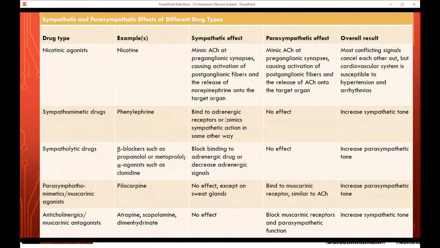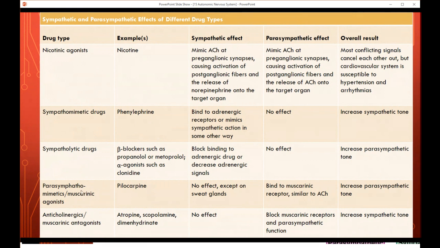So this is just a really quick chart to show you some of those drug types, some of those examples, and then what the sympathetic effect might be, what the parasympathetic effect is, and then the overall result. The anticholinergics means that it's not going to allow for that acetylcholine binding to happen, and so when we do that, it increases our sympathetic tone.